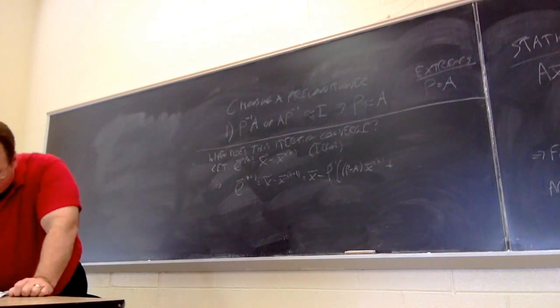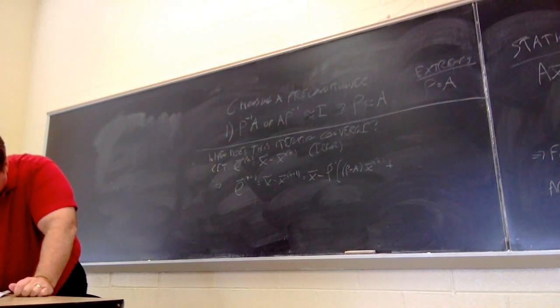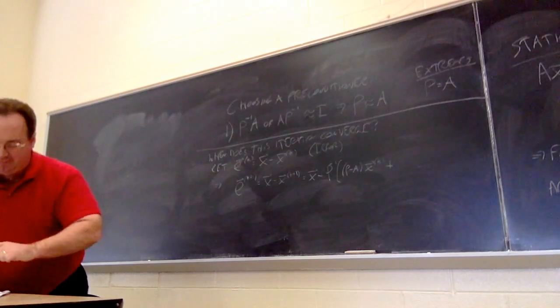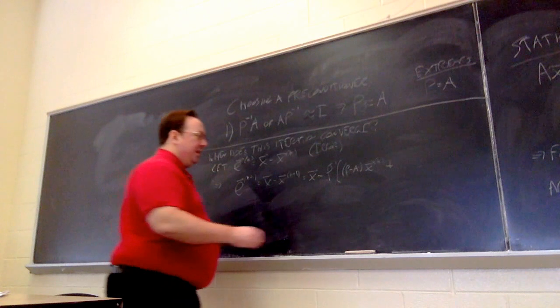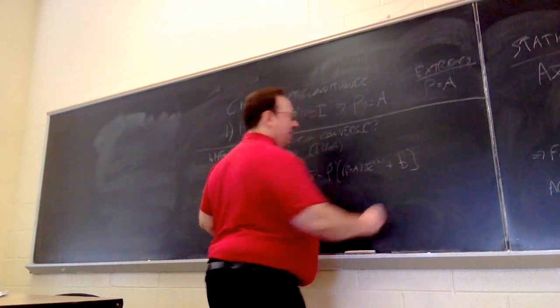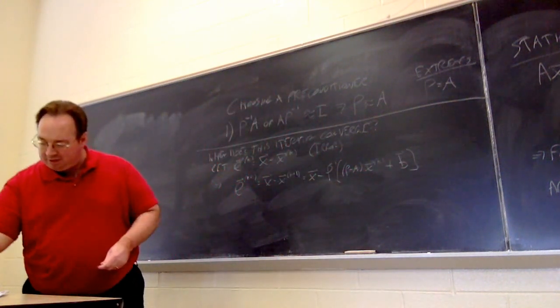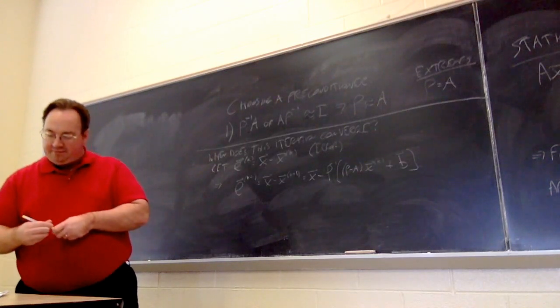I need to make sure that there isn't some other mistake. Okay, it's fine. It's the two wrongs make a right deal. So, yes. So I need to fix the notes. That should be a plus. Okay.